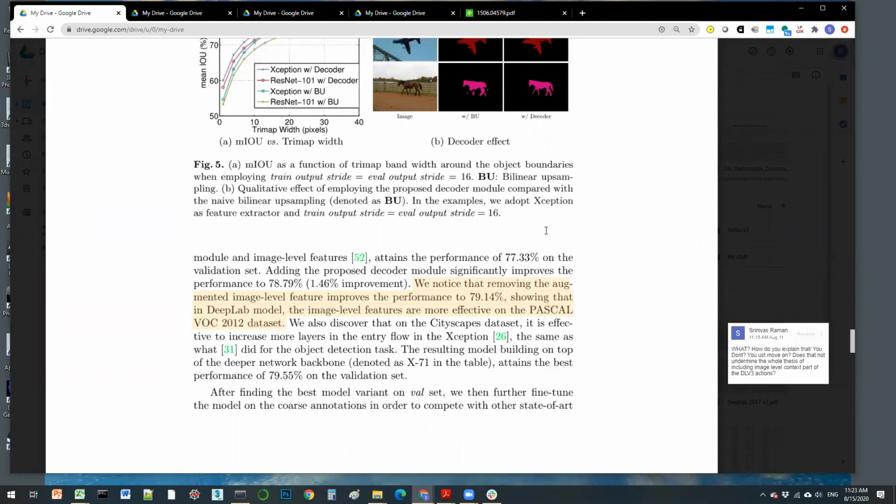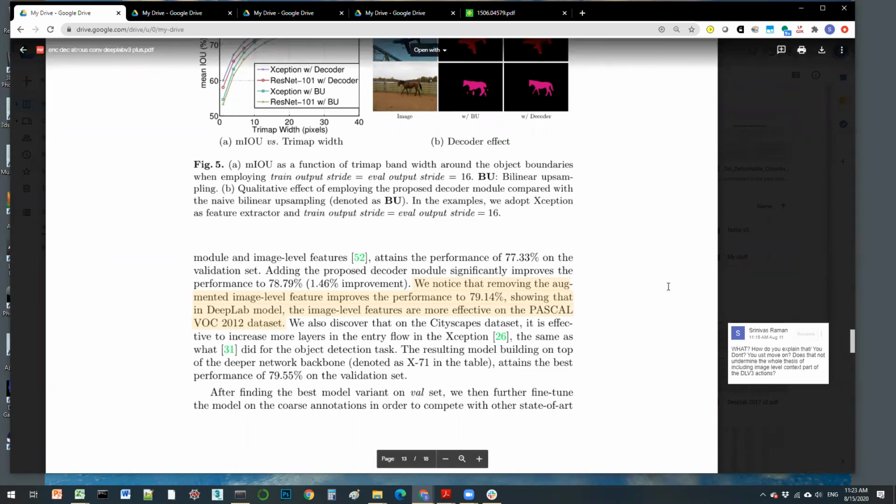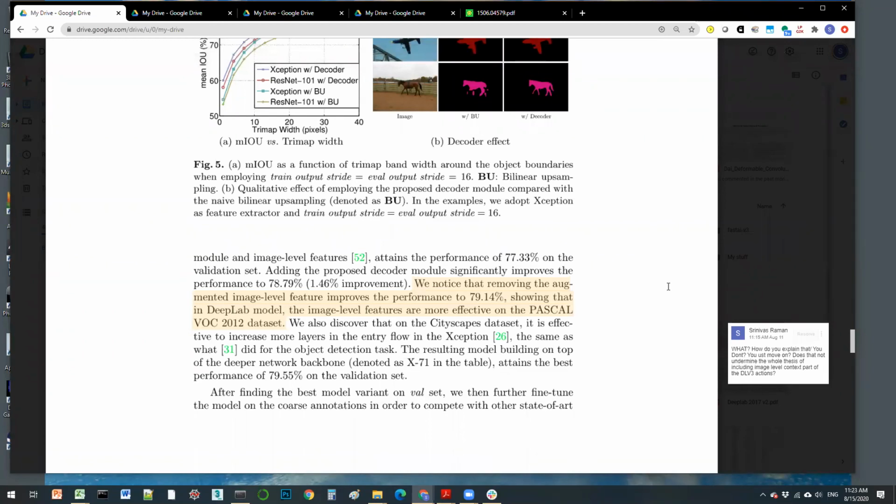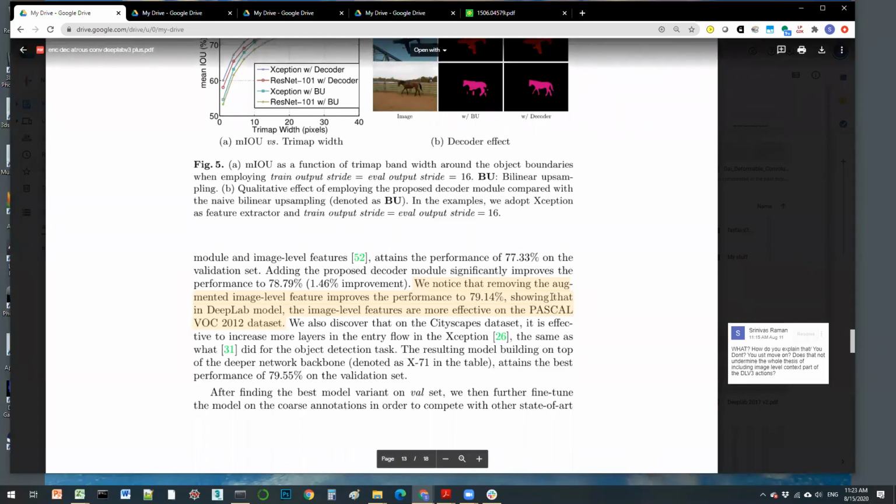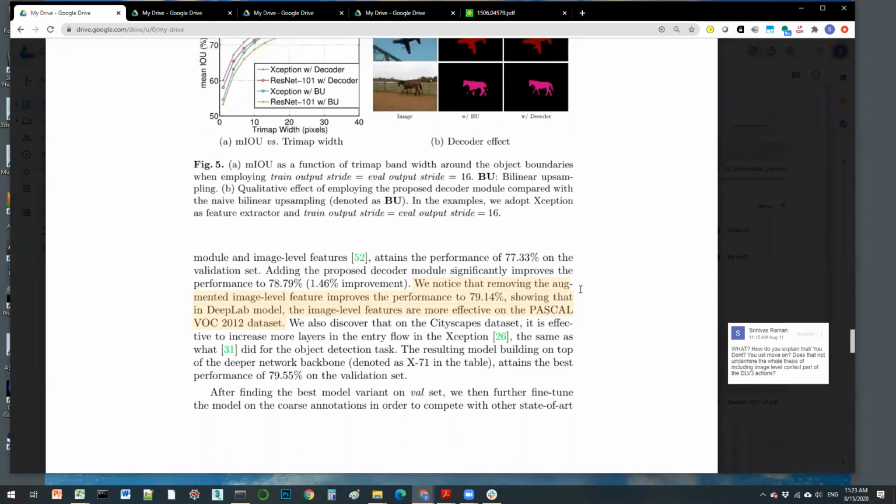So they just dropped the image pooling, which they added as something in V3 and V3 plus, and just said, well, it just helps in one of the datasets, so forget it. And they don't even explain why, which kind of blew me away.